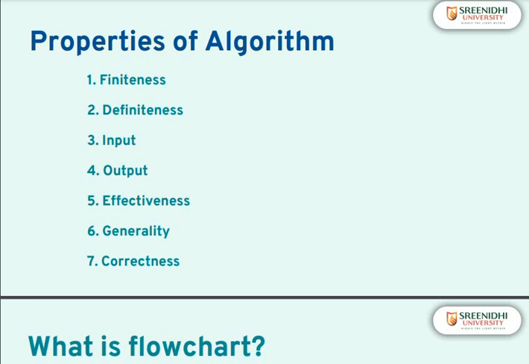The number of steps must be limited, a finite number of steps. Each and every step must be precisely specified, that is definiteness. If you give an input, you must get the exact output, that is the expected output. There won't be any mistakes in the instructions. So these are the basic properties of an algorithm.